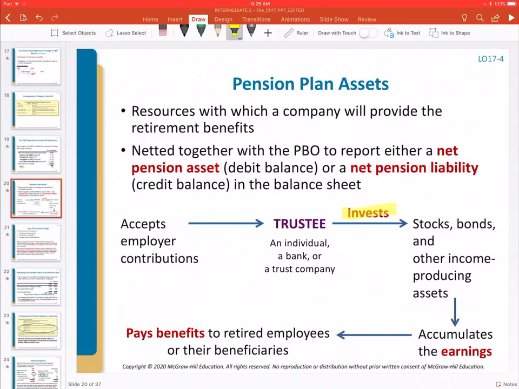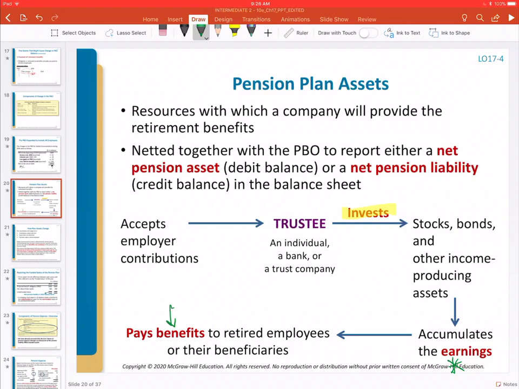So when we are setting aside these funds as the company, we're setting them aside with the purpose of investing so that we can earn a return on those funds. Those accumulated earnings, as well as the cash that the company puts into that fund, would then be used to pay out the benefits that we owe to those employees once they actually retire. So you can think about this in a timeline.